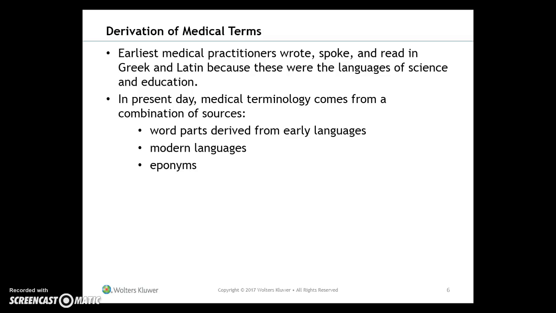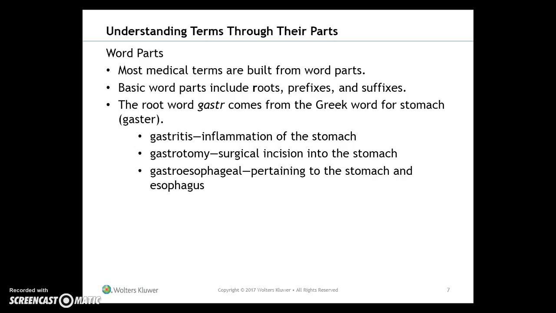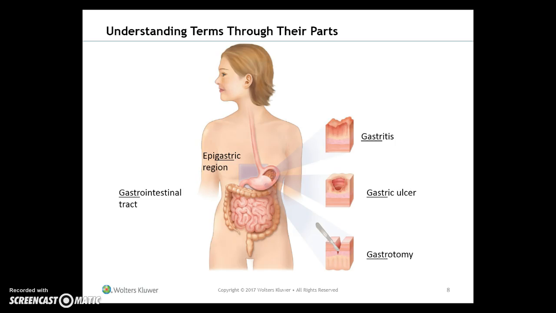And a few medical terms built from this word root are gastritis, gastrointestinal, gastroenteritis, gastroesophageal, and gastronomy. So I'm going to show you a picture real quick here, and you can see the gaster involved in all of these word parts.